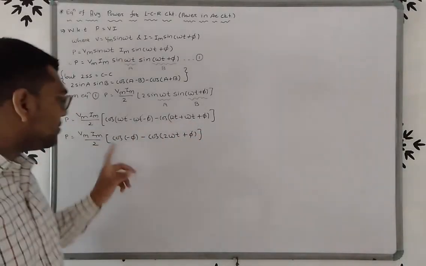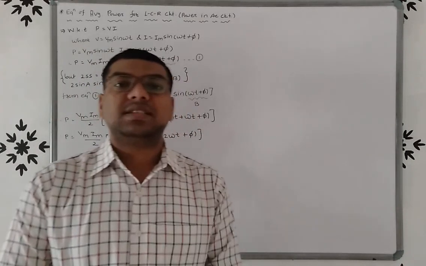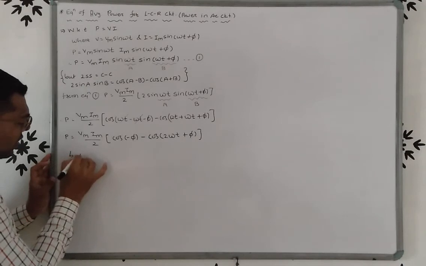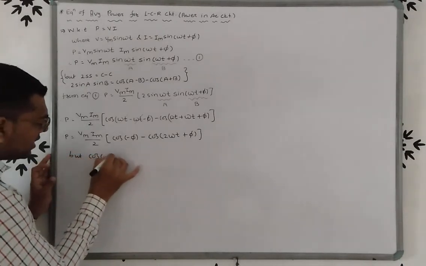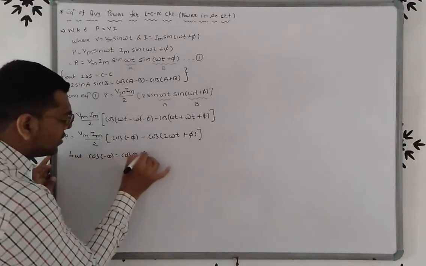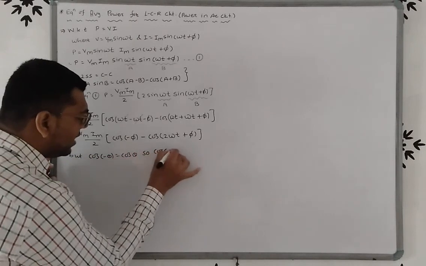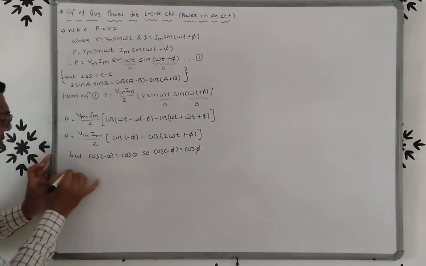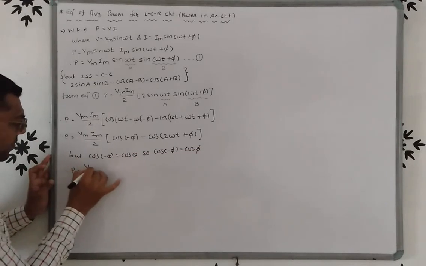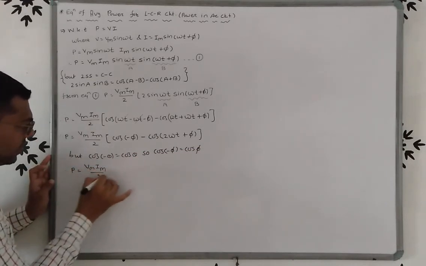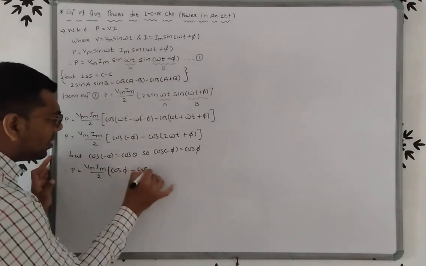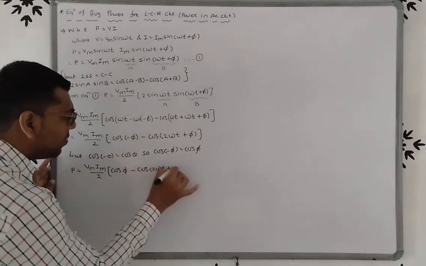But we know that cos of minus theta is equals to cos theta. So cos of minus phi is equals to cos phi. So P is equals to Vm Im by 2 cos phi minus cos 2 omega t plus phi.